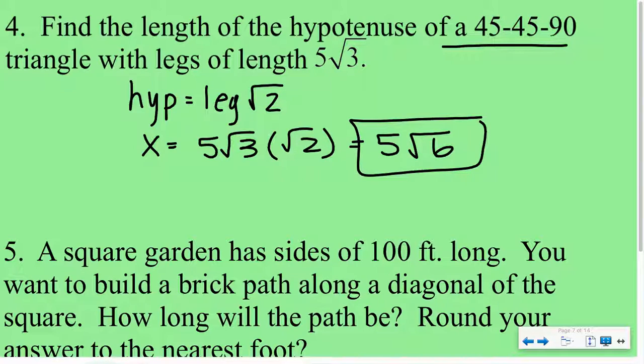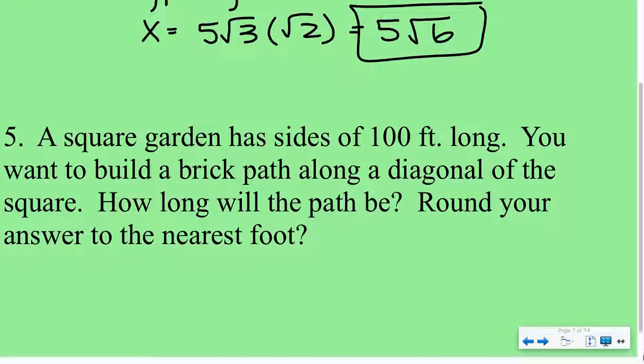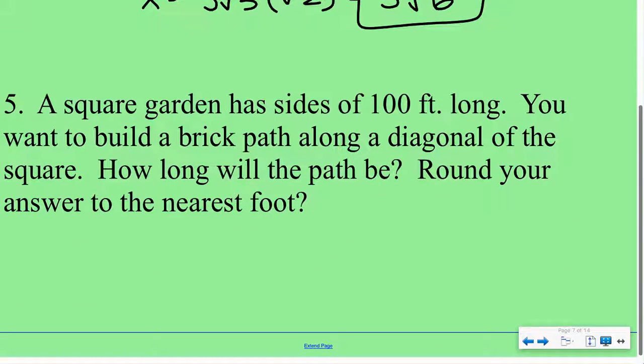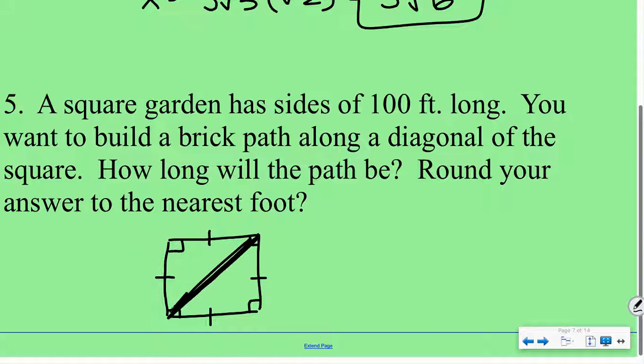Okay, uno más. A square garden has sides of 100 feet long. You want to build a brick path along the diagonal of the square. Okay, so back from chapter 6, we know that squares have 4 sides and 4 right angles, yes? I want to build a path across my garden so I don't have to walk through the dirt. I can walk along the path.